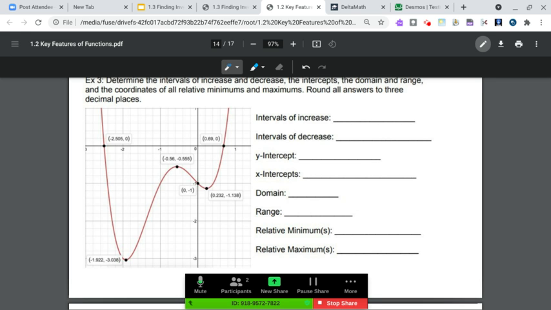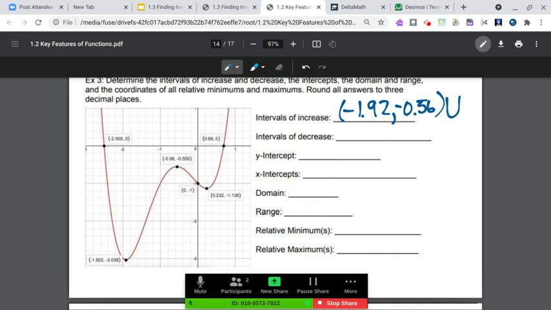Okay, intervals of increasing. Where on this graph would you name your intervals of increasing? From what x values to what x values is the graph increasing? From -1.92 to -0.56. You got it. And then I'm going to hit union because there's one more interval where it's increasing.